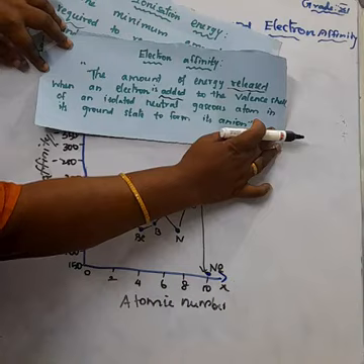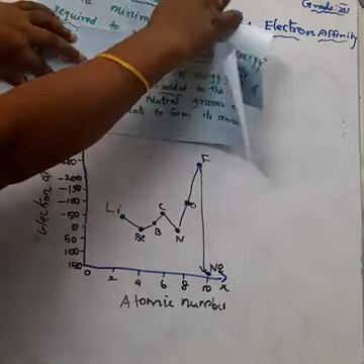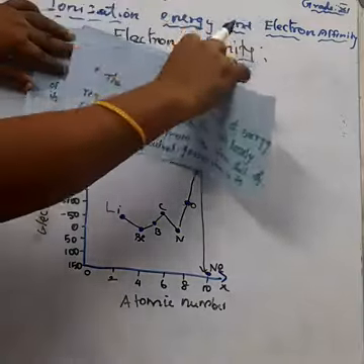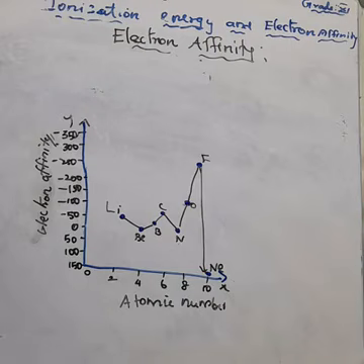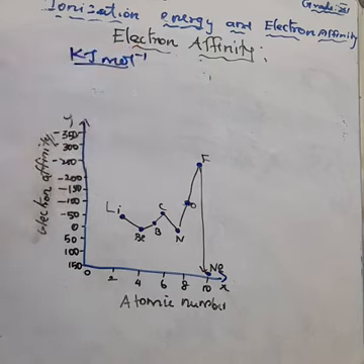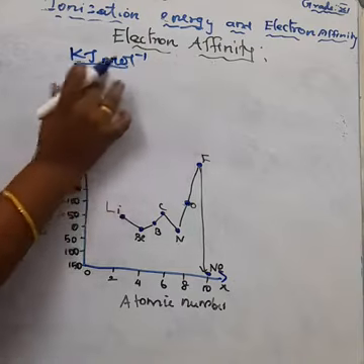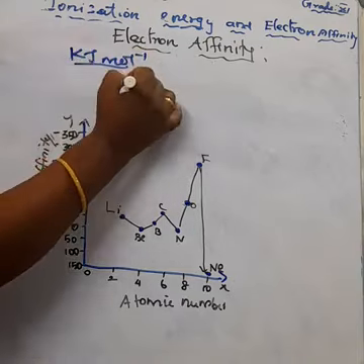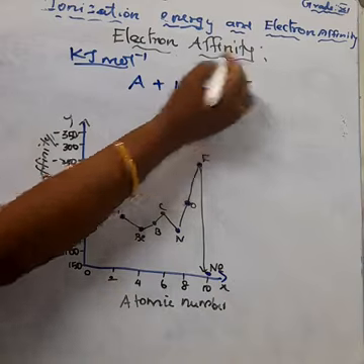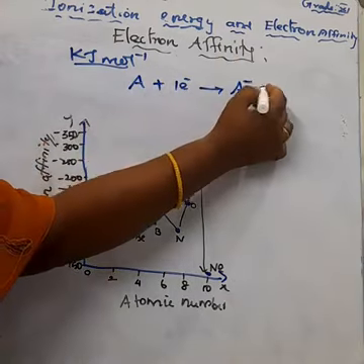When we remove electrons, the atom forms a cation. When we add electrons, the atom forms an anion. Electron affinity is also expressed in kilojoule per mole. For example, take one atom A. When we add one electron, it forms an anion, A minus, and releases energy.